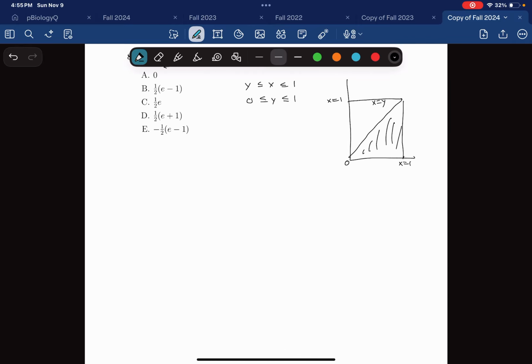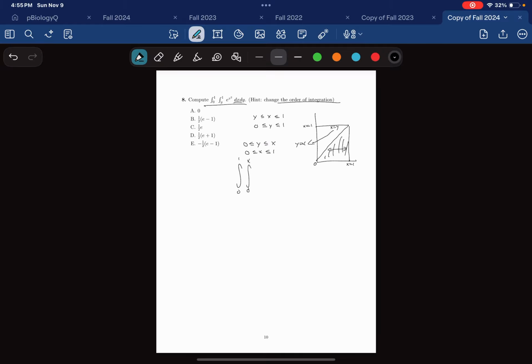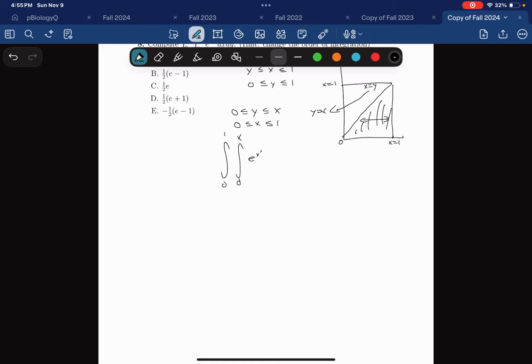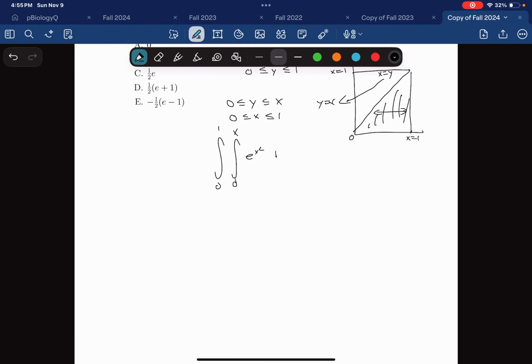So if we change the order of integration, you would just get y is now equal to x. So now y goes from 0 to x, while x goes from 0 to 1. So 0 to 1, 0 to x of e to the x squared dy dx. Sweet.